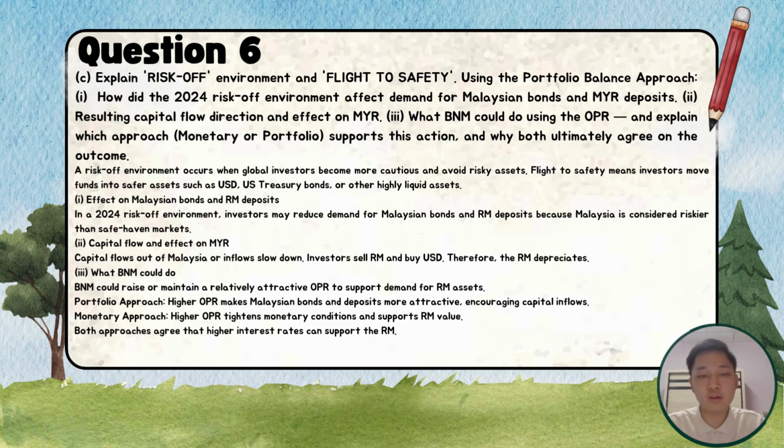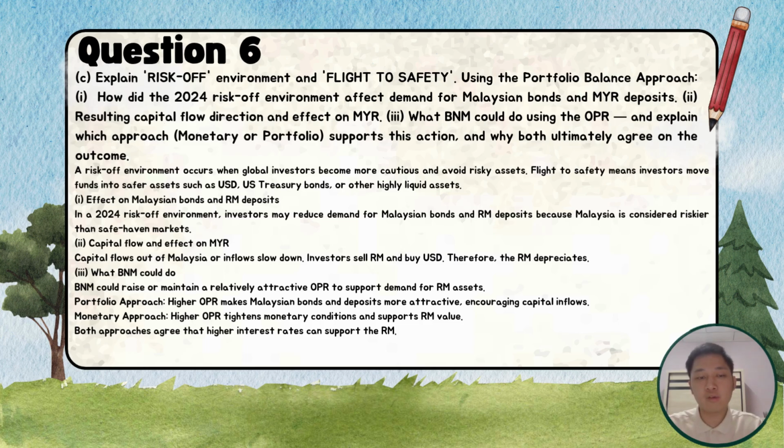Using the portfolio balance approach during a risk-off environment, investors may reduce their demand for Malaysian bonds and ringgit Malaysia deposits because Malaysia is considered risky compared to safe haven markets. As a result, capital may flow out of Malaysia or new capital inflow may slow down. Investors sell ringgit Malaysia and buy US dollar. This causes the ringgit Malaysia to depreciate.